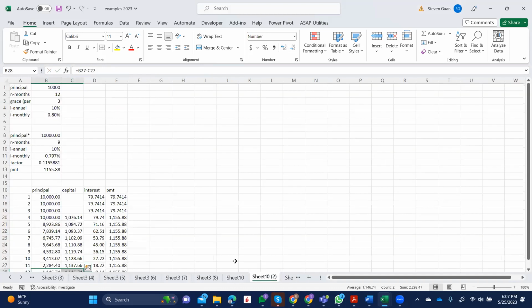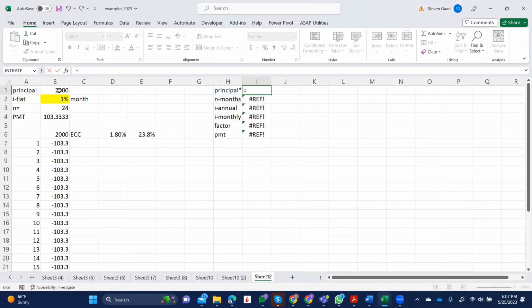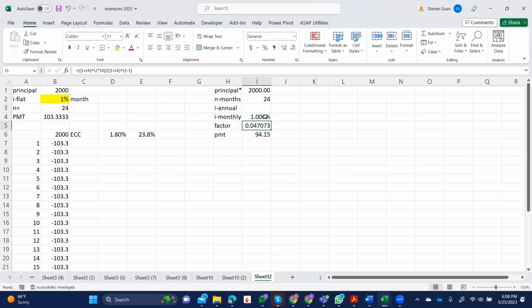Right? So let's do the next one here. If my principal equals 2,000, number of months equals 24, and my interest rate equals 1%, this should be my payment, 94.